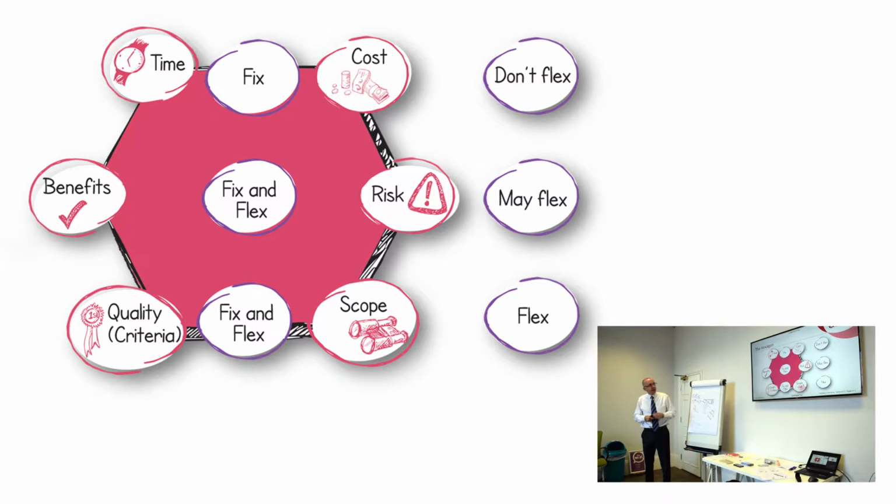Now in the middle we've got a column which we call May Flex, whereby you can flex those if you like, like benefit, for example. If we say the project is going to save us €1 million, it must save us 800,000 euro, should save us 900,000 euro, could save us €1 million. We get flexibility in the benefit there.